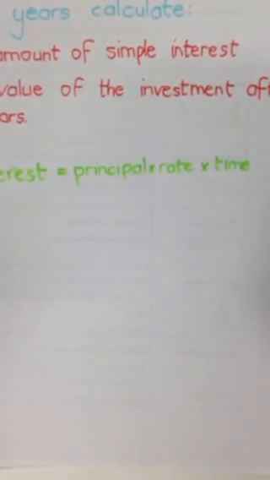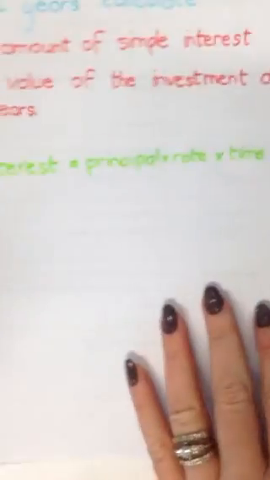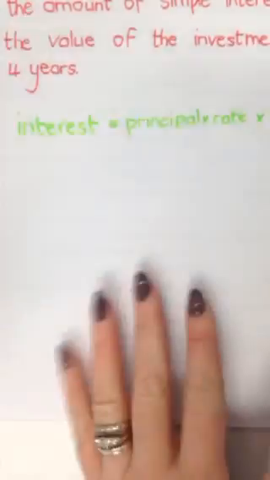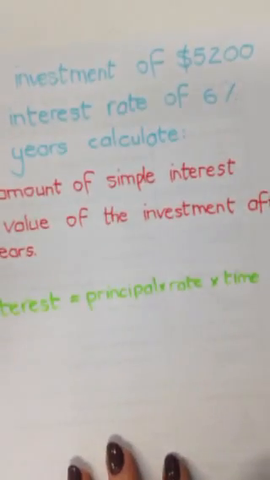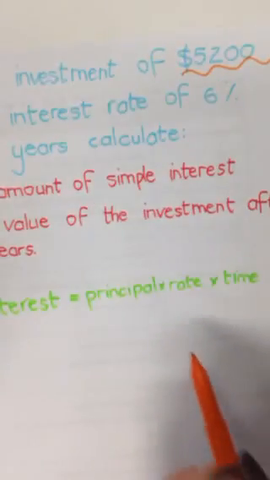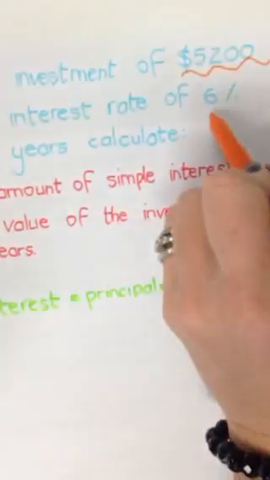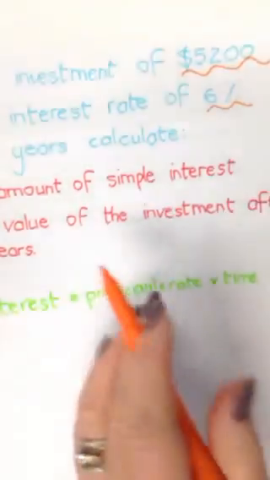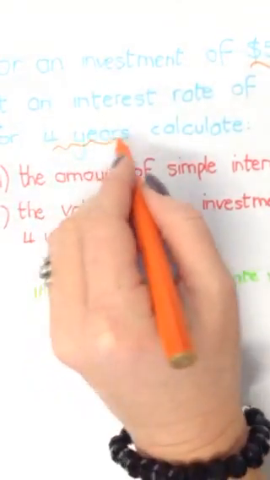Okay, so let's have a look and say, all right, well, what are all of our things? Okay, so what is our principal? Well, our principal, if we go back here, is $5,200, okay? Then we say, well, what is our rate? Our rate is 6%, and our time was 4 years.